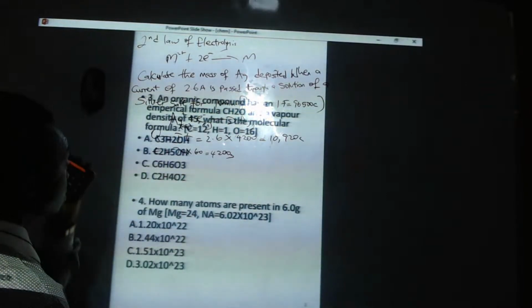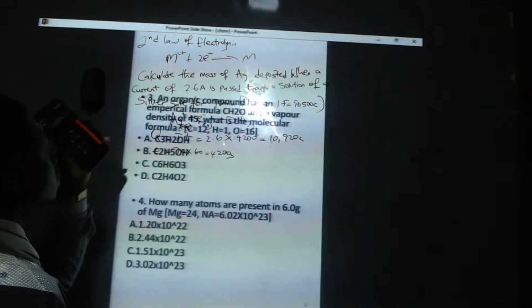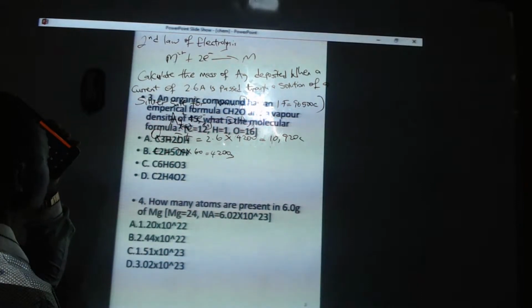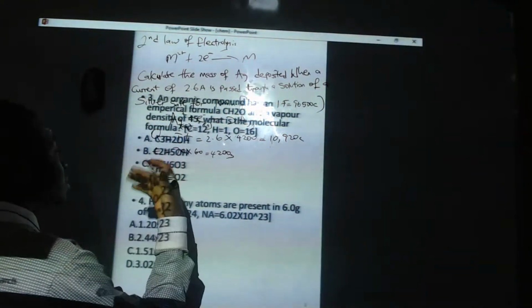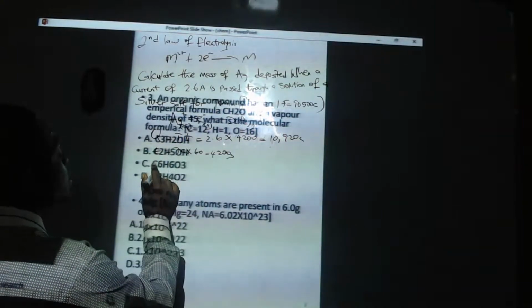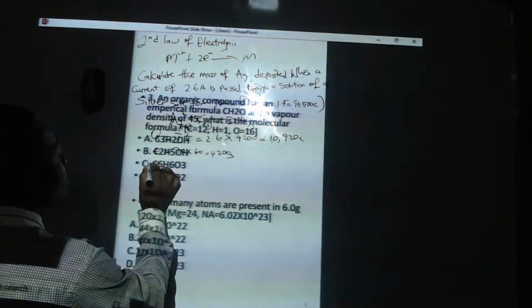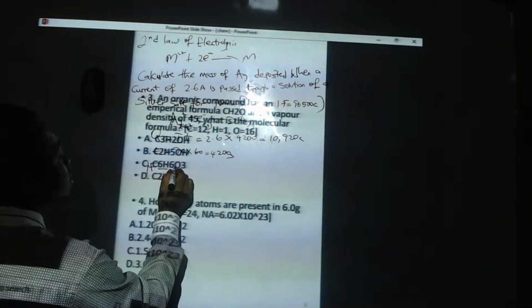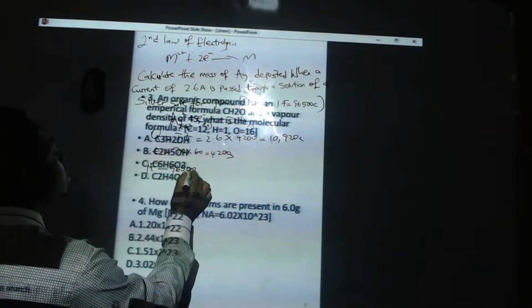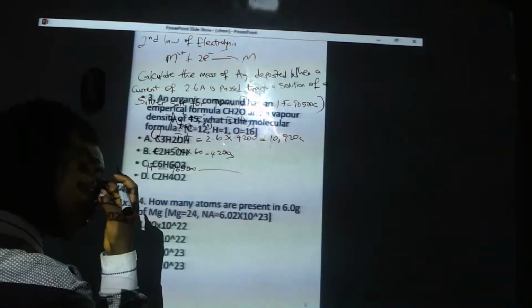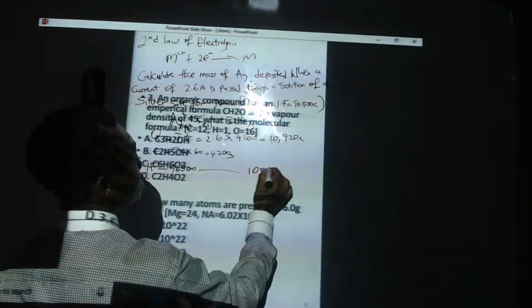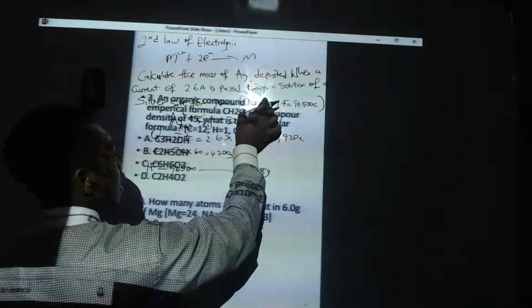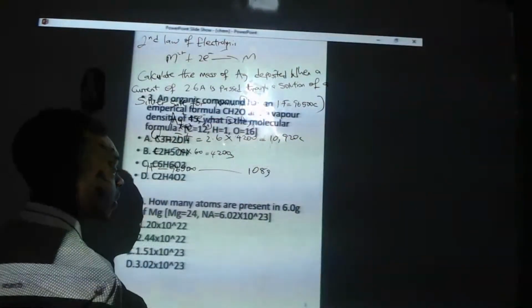Okay. Now let's calculate the mass deposited when the current is passed through a solution of the silver salt. It's just like the first one we did, the same thing we normally solve earlier. Now remember 1 Faraday, which is 96500, is to 108 grams. Remember, the grams of silver in this context.